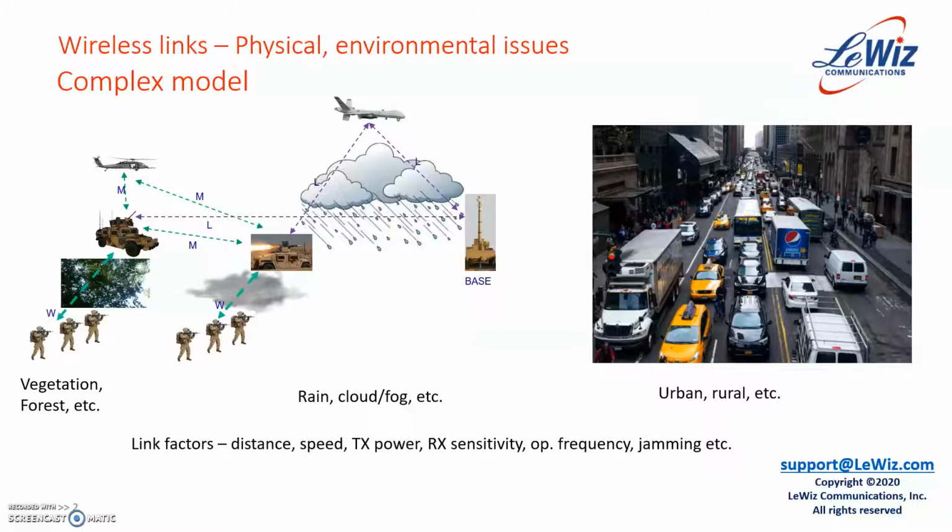There are also link factors such as the distance between the transmitter and the receiver, the speed of the object, the transmit power, receive sensitivity, the operating frequency, or whether jamming is introduced into the link. The model would be different.